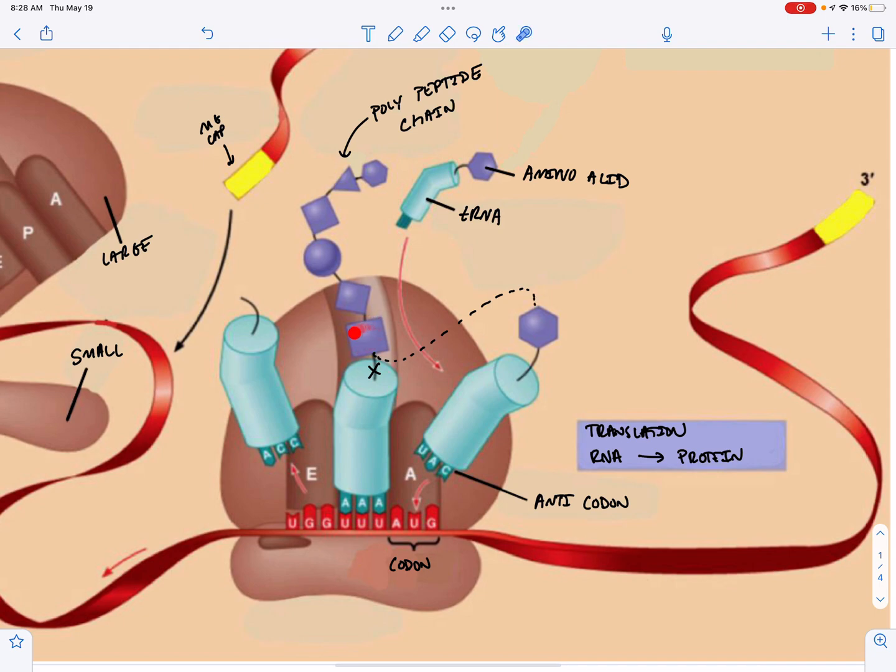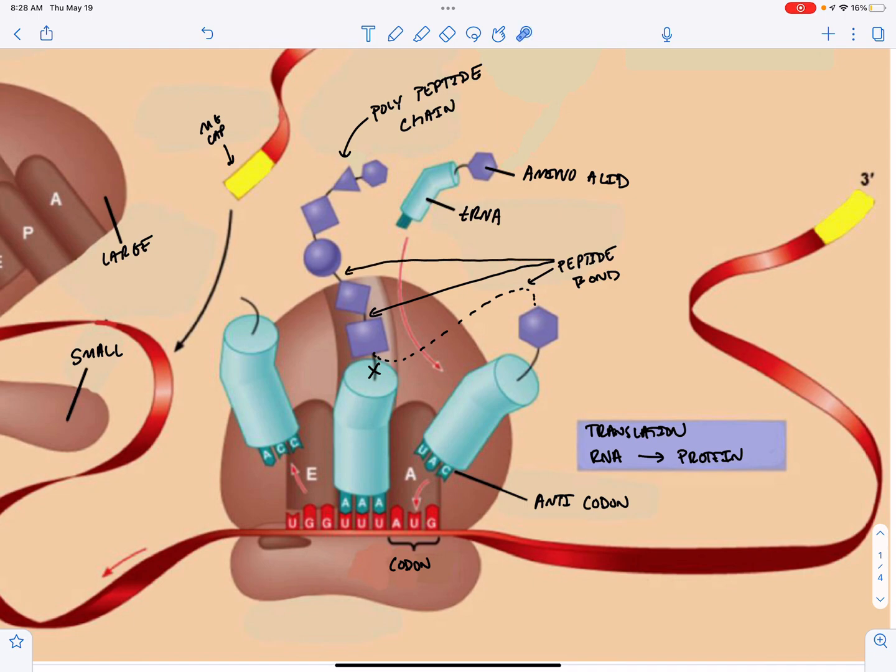So this purple square is now going to be directly attached to this purple hexagon with a peptide bond. Just like these two are connected with a peptide bond, and these two are connected with a peptide bond.